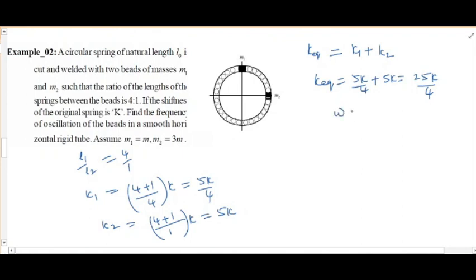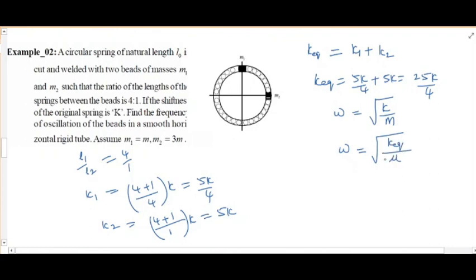Here the angular frequency omega is, by the general formula, square root of K by M. This is the formula for only one spring with one load. If there are two loads, then in place of M we have to use the reduced mass mu, and in place of K we use K equivalent.